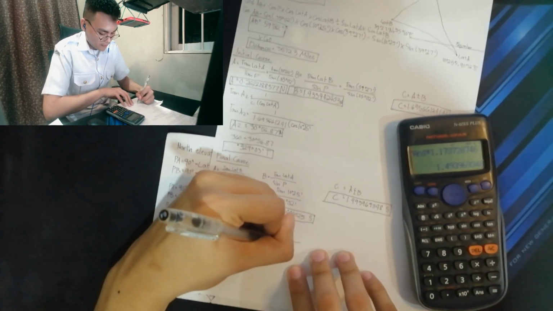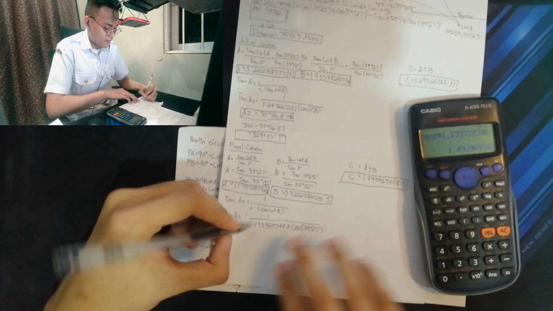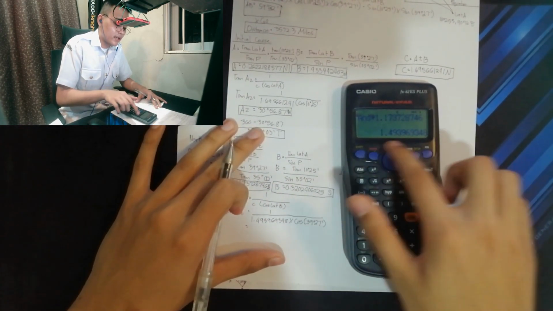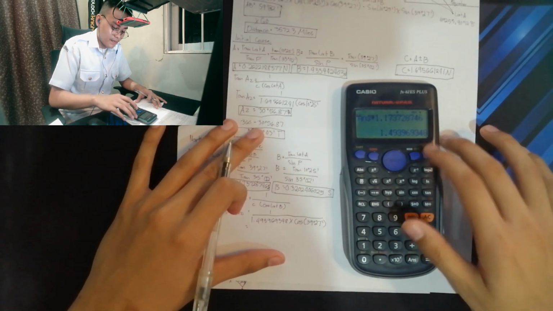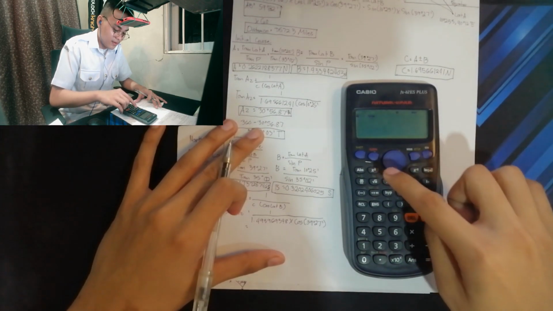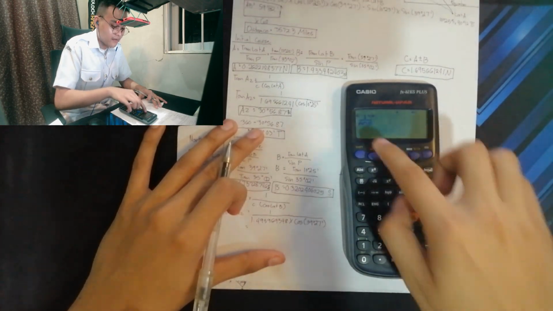39 degrees 27 minutes. So get your calculator. It's already input. This is the value of RC, as you can see. Then all you're gonna do is press on, then this 1 over answer. That's the value of RC.